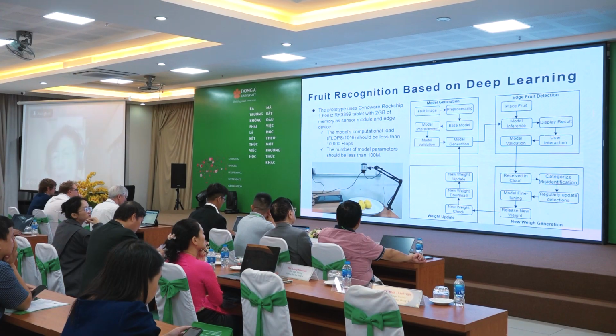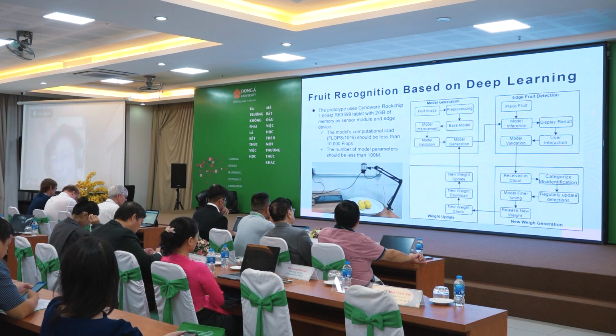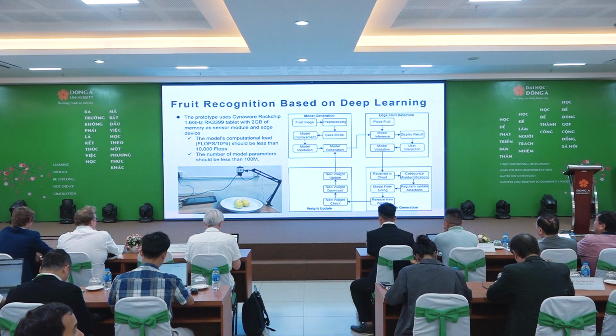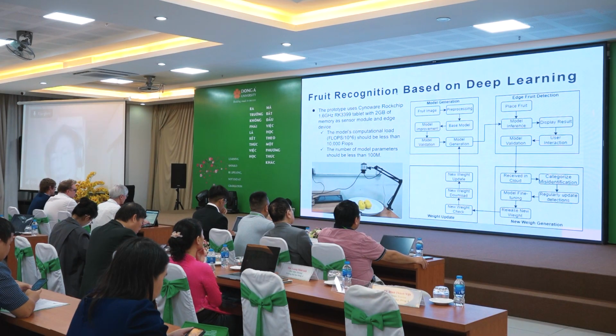And at the edge, we are doing the model inference. The learning is mostly in the cloud or on the server, because it requires a lot of computation. When we detect the fruit, we do the inference and then display the result. Usually we show the top 1, top 2, and top 3.